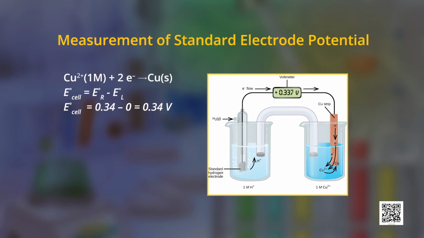The positive value of the standard electrode potential in this case indicates that the copper ions get reduced more easily than hydrogen ions. So in this case, hydrogen electrode acts as anode and copper electrode acts as cathode. Similarly, if we connect the standard hydrogen electrode to zinc electrode in the circuit, zinc gets more easily oxidized than the hydrogen molecules.